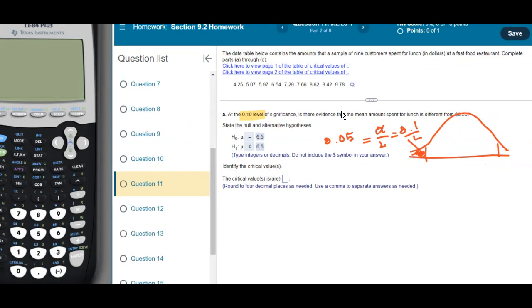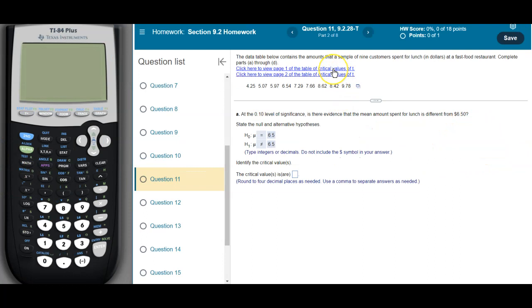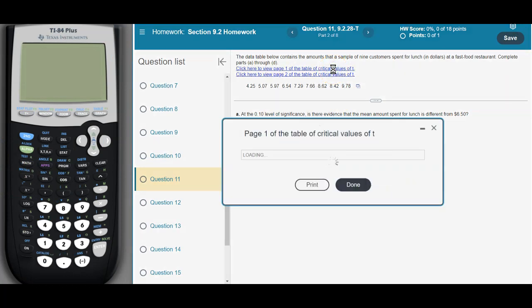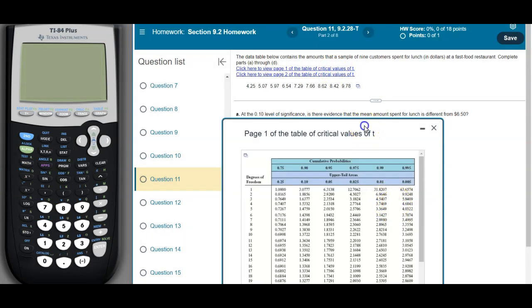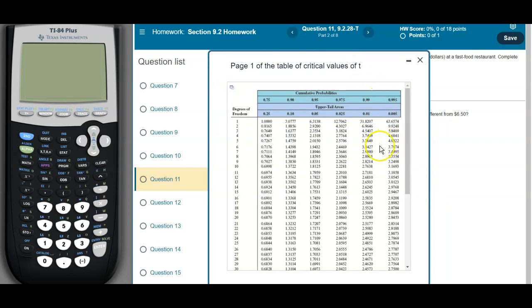The table is right here, the first one, loading. You're looking for 2 things. A degree of freedom: because we have 9 data points, the degree of freedom is 9 minus 1, always n minus 1, and this is going to be 8.